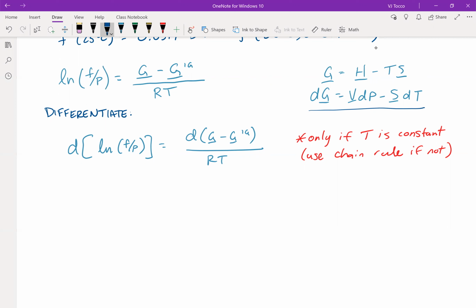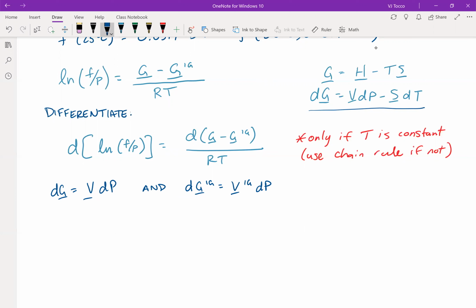So it's just dG is equal to V dP. And I can also say that the change for the ideal case, dG ideal gas, is equal to V under bar ideal gas dP.